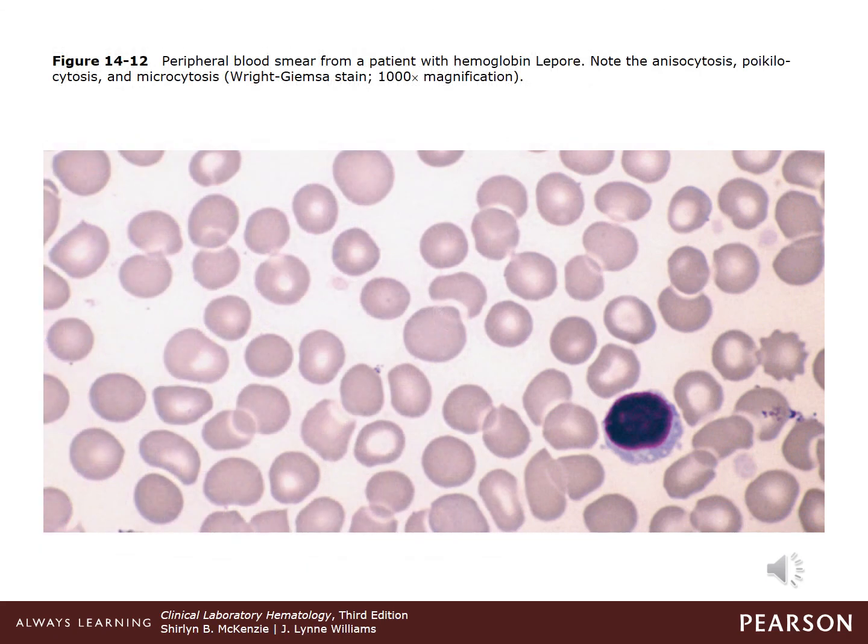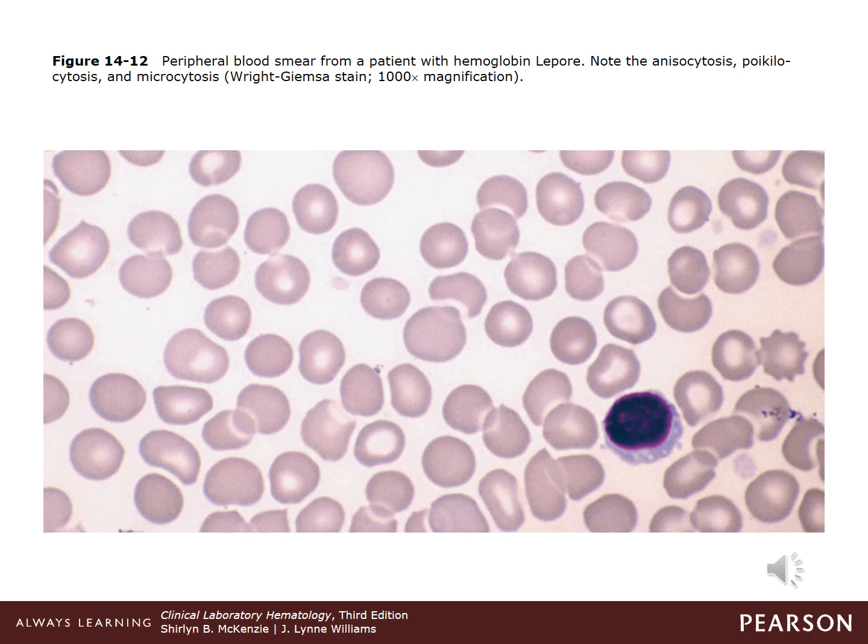Now, there are definitely also other types of thalassemias and thalassemia-like conditions that involve globin chains other than the alpha and beta. Sometimes they can be combined as well with more than one globin chain, or in combination with a hemoglobinopathy as well. So in this image I'm showing you, here is a patient with hemoglobin Lepore, which is a non-alpha chain.